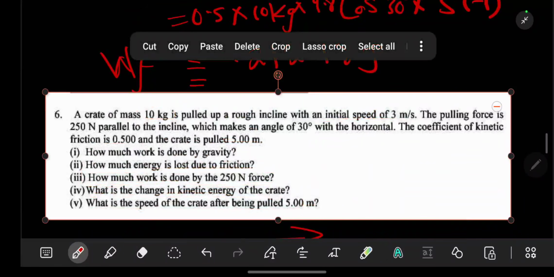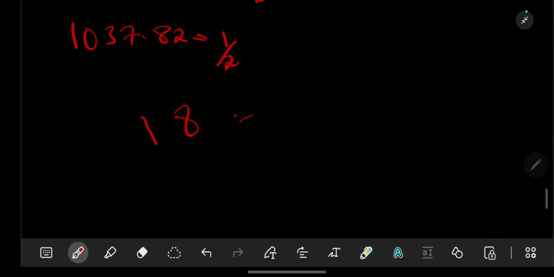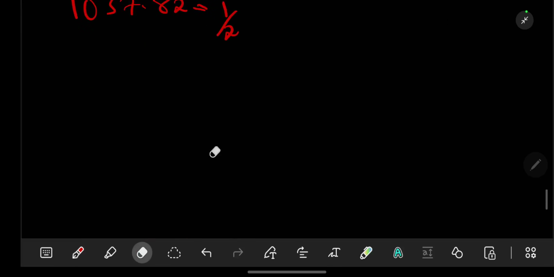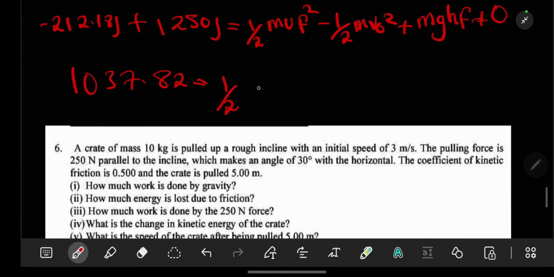According to the question, our mass is equal to 10 kg. So we are going to put our 10 kg like that. Then our velocity final, which we don't know, velocity final squared, plus our half.